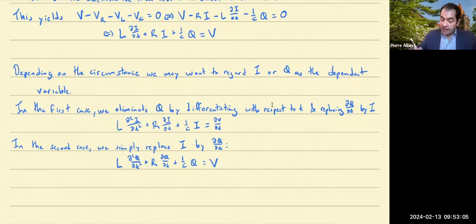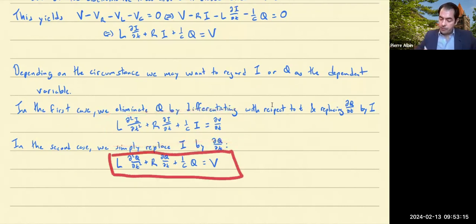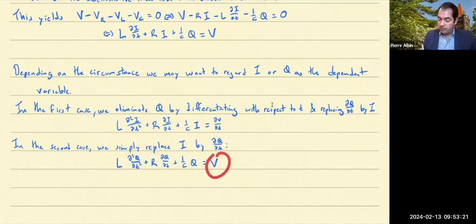So in either case, whether you want to think of this as being an equation for Q or an equation for I, you end up with a second order linear ordinary differential equation with constant coefficients, and forcing term given by either the voltage or the rate of change of the voltage with respect to time.